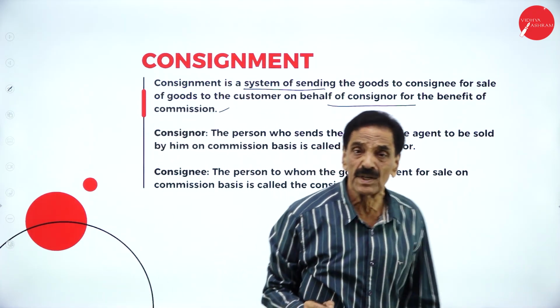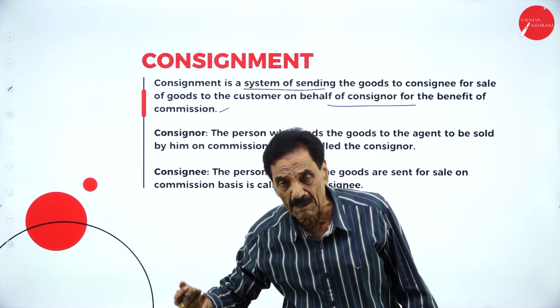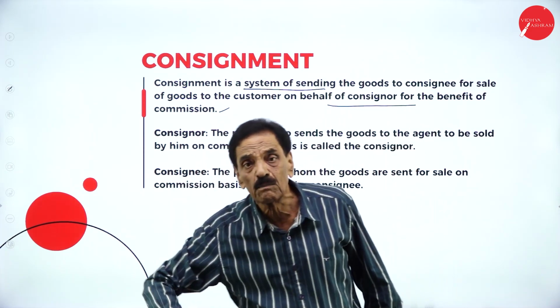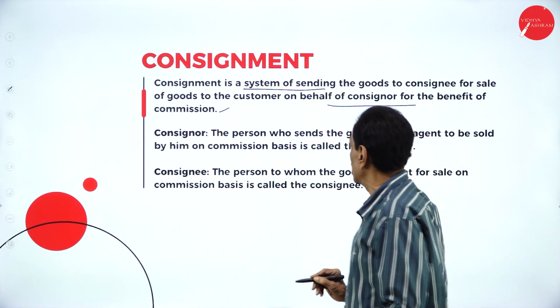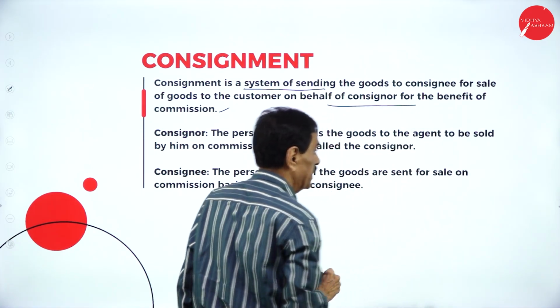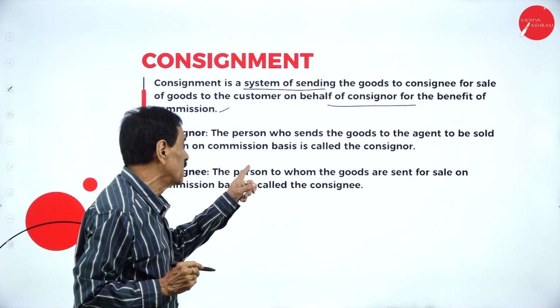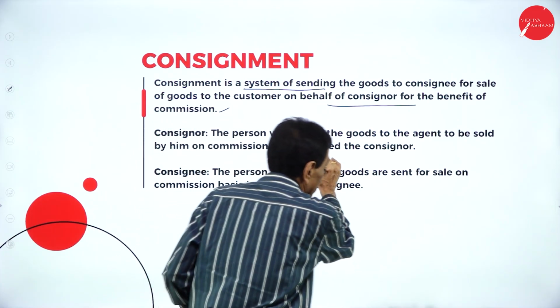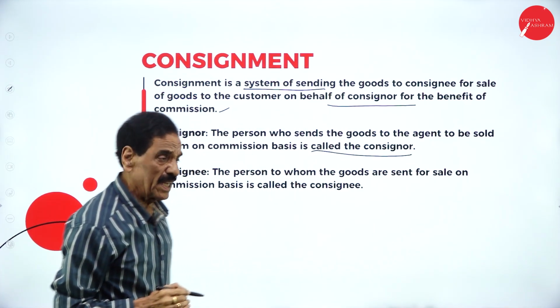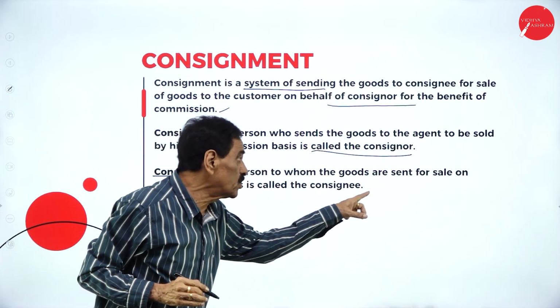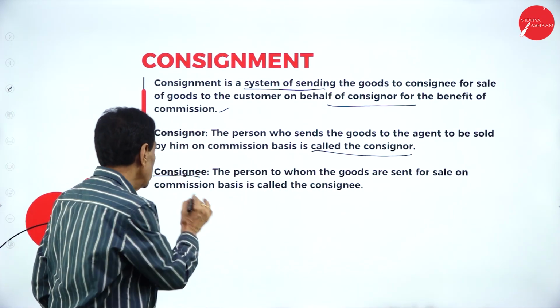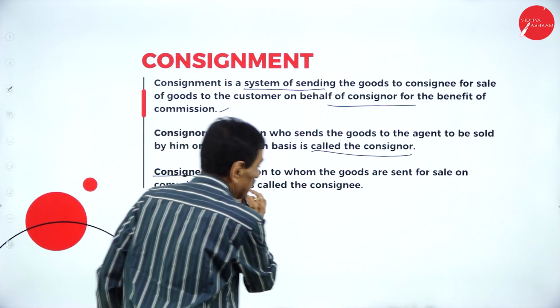Who will get the commission? The consignee will get the commission. Who will sell the goods on behalf of the consignor? Consignor, the person who sends the goods to the agent to be sold by him on commission basis or consign. The owner is called the consignor. Consignee, the person to whom the goods are sent for sale on commission basis is called consignee.